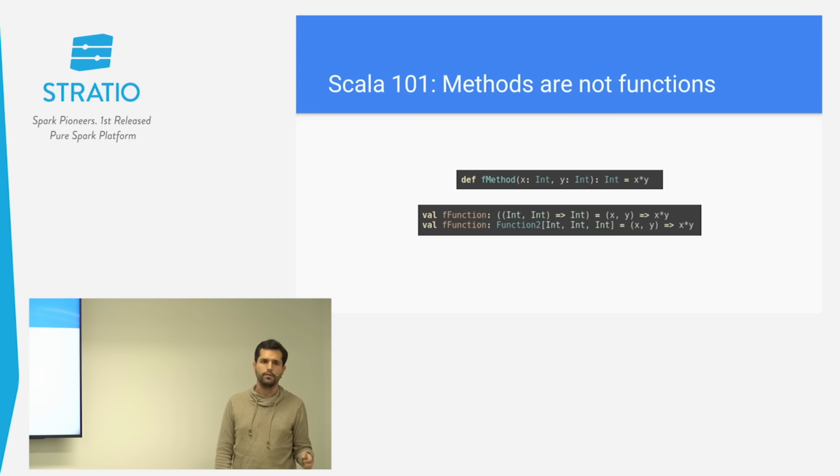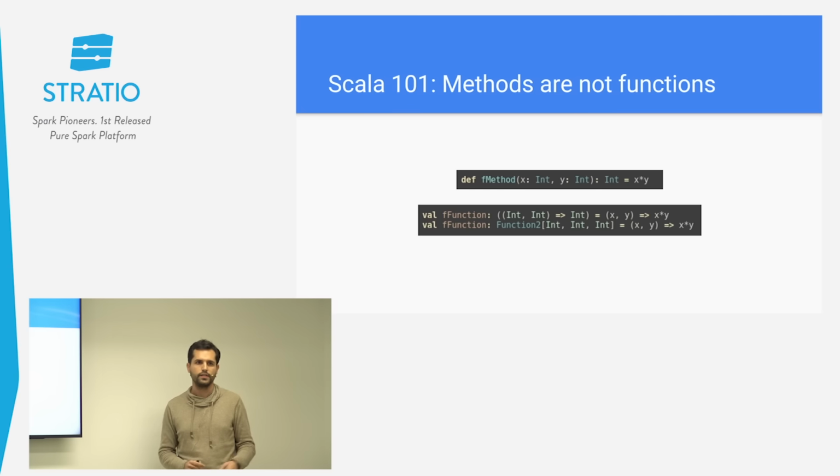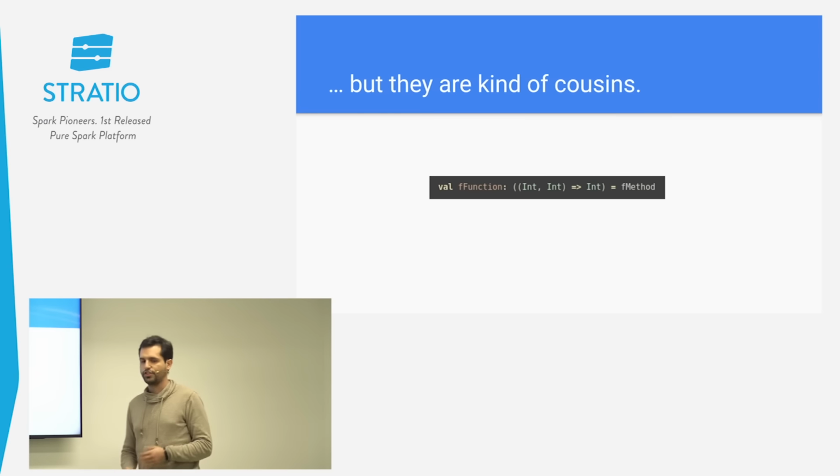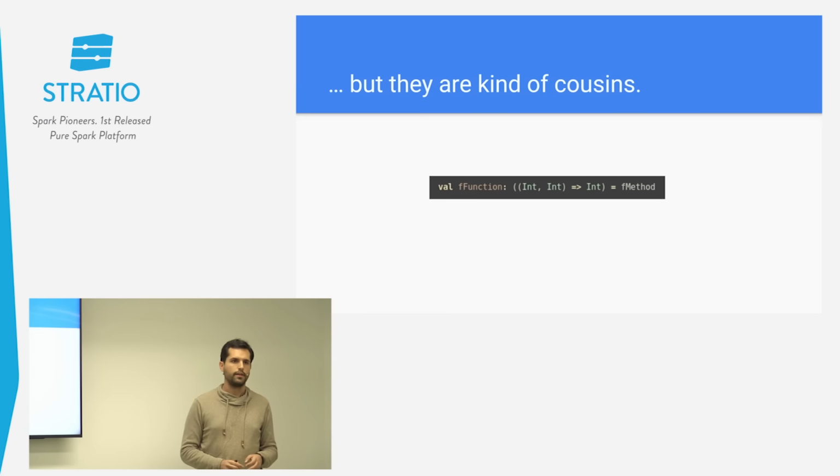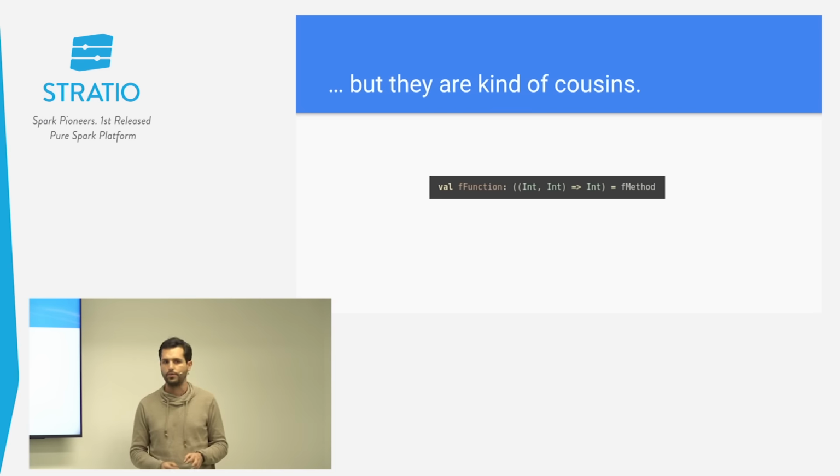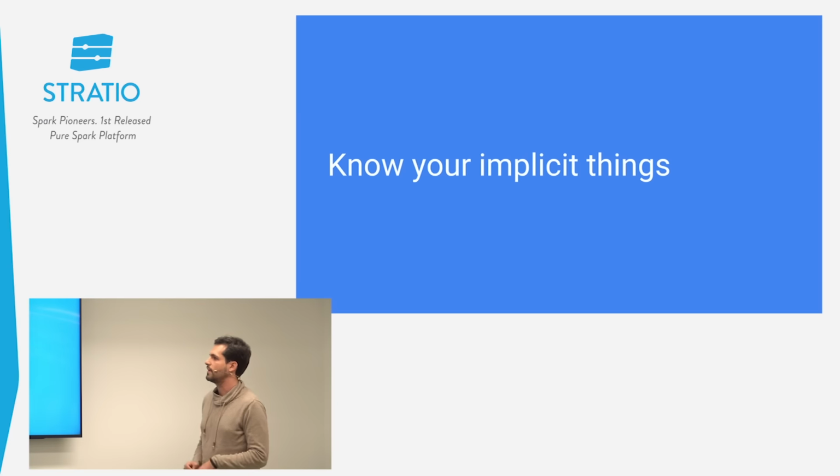But you may be thinking, okay, I have already passed methods to other functions in a higher order way. What the compiler does is cheating. It is making a conversion between the method and a function. So whenever you try to pass a method identifier as if it were a function, the compiler will make that conversion for you. That's important to keep in mind.